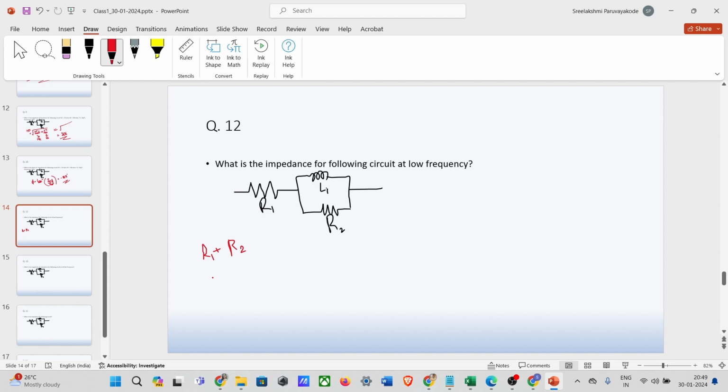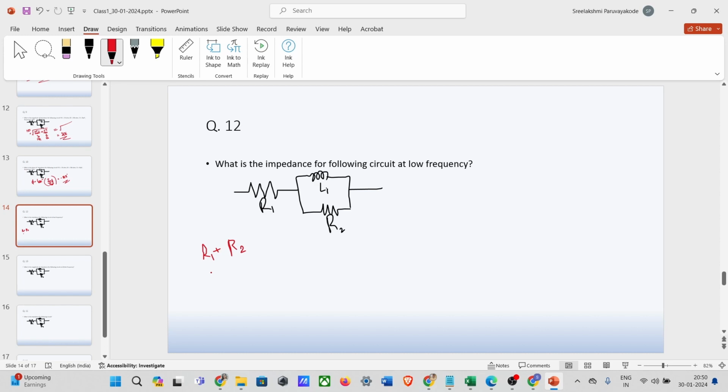But at low frequency, if it is a capacitor, it is an inductor, it is only R1. No, it is R1 plus R2. Yeah, it is R1 plus R2.